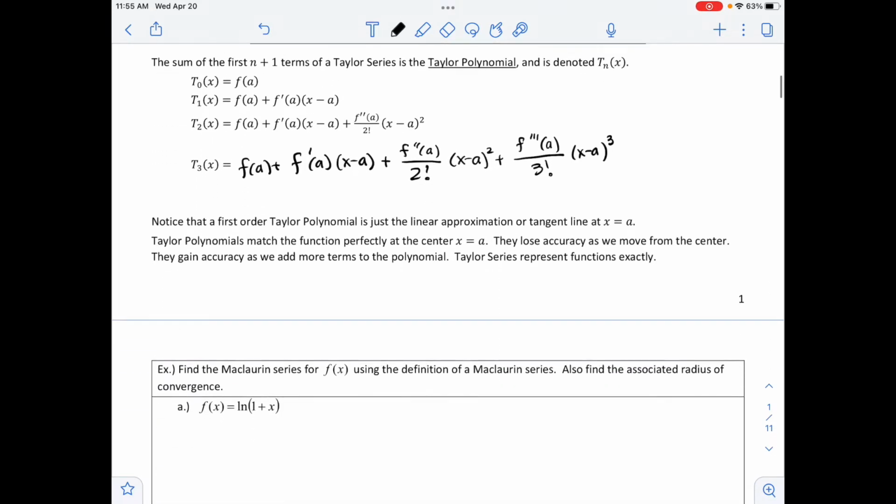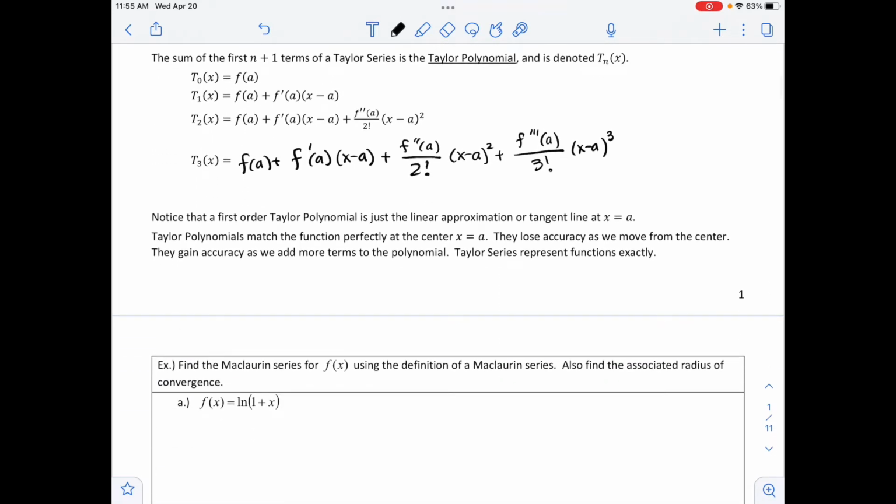And so the sum of the first n plus 1 terms of the Taylor series is the Taylor polynomial. And the Taylor polynomial is denoted T sub n of x. T sub 0 of x is equal to f of a. T sub 1 of x is equal to f of a plus f prime of a times x minus a.